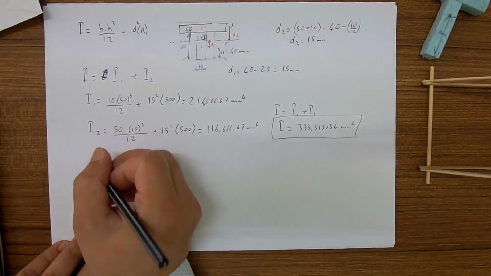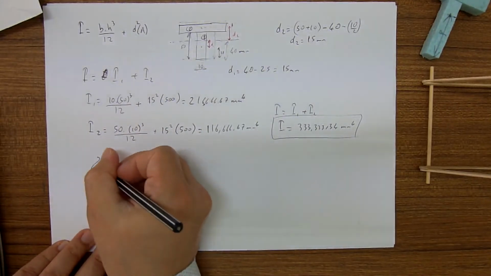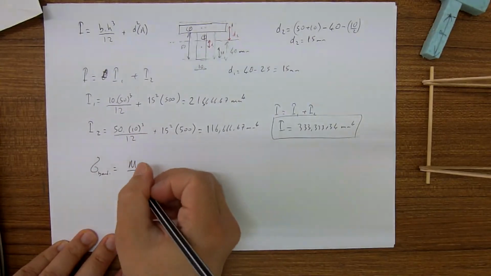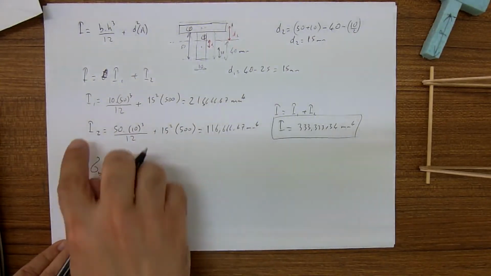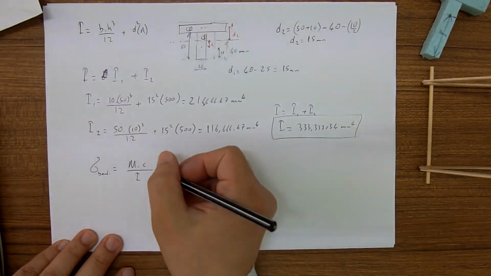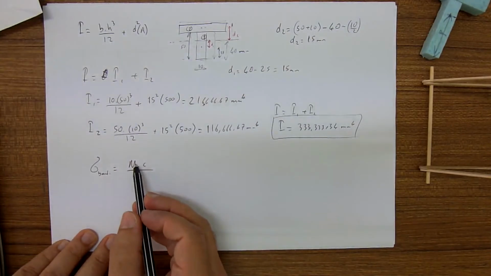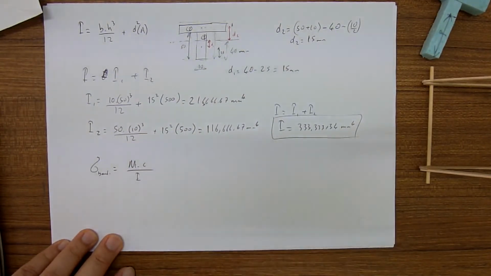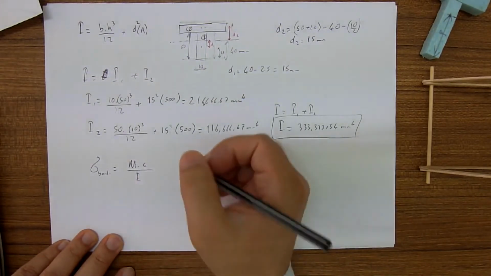So what was our formula for the bending stress? Sigma equals M times c over I. If we want to find the maximum, we will give the maximum c, because the moment and I are the same for the whole section. It doesn't change, but c changes within the section.